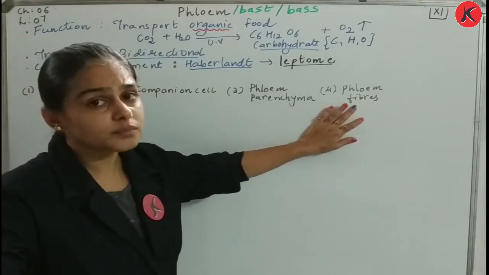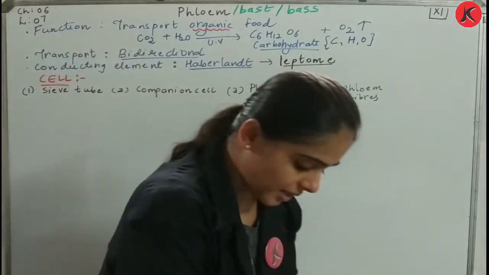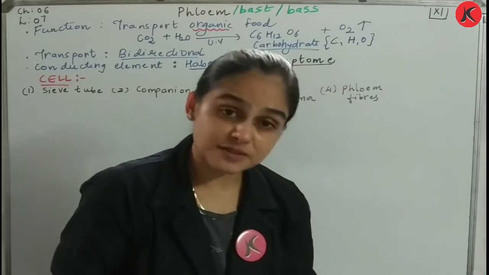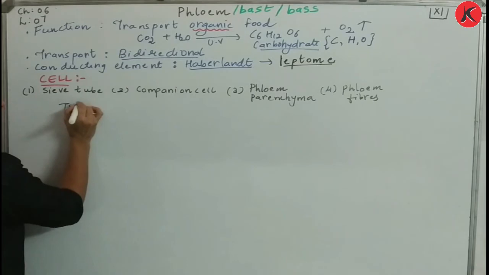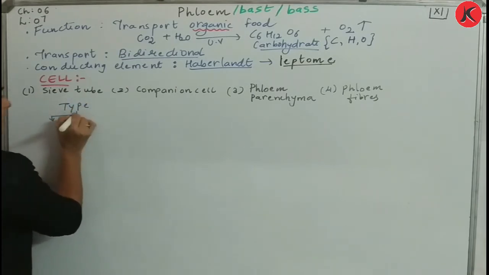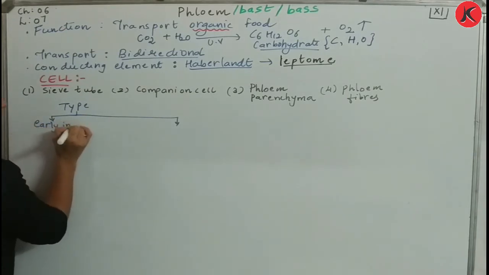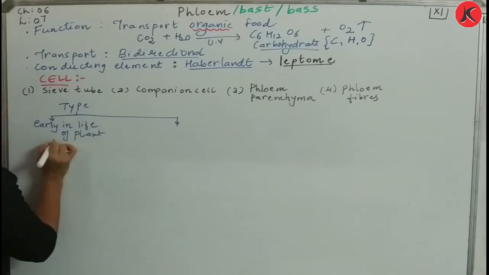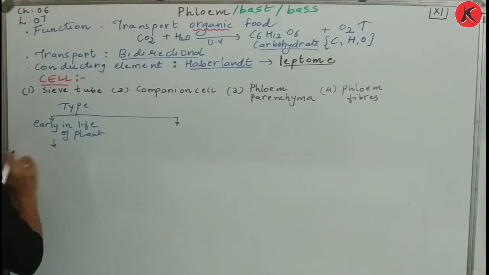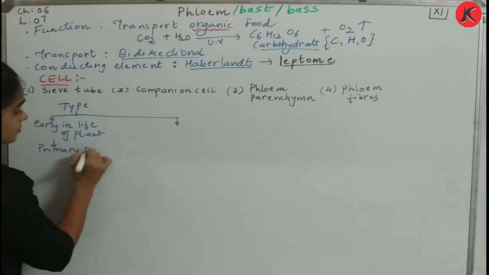Am I clear? Okay. Dear students, now this phloem, depending on origin, can be classified into two categories. Yes, can be classified into two categories. ठीक है? The one which is formed early in life of plant, early in life of plant, this is called as your primary phloem.